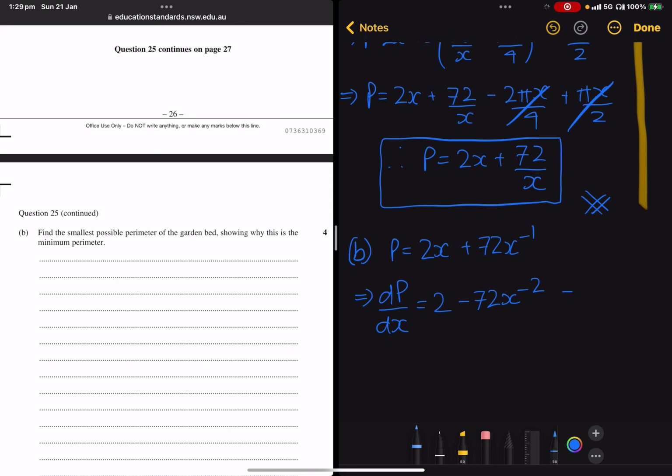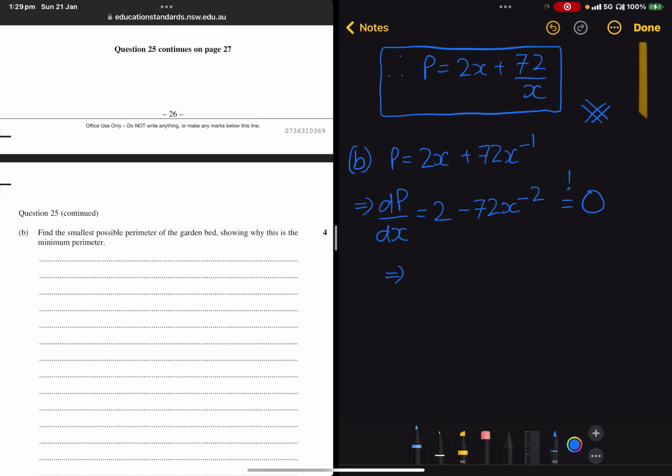So this is our derivative, and in order to find a min or max, the condition we need is to set this equal to 0. So we're going to set this equal to 0 and solve. We're going to add 72x to the minus 2 to both sides. This will give us 2 is equal to 72x to the minus 2.